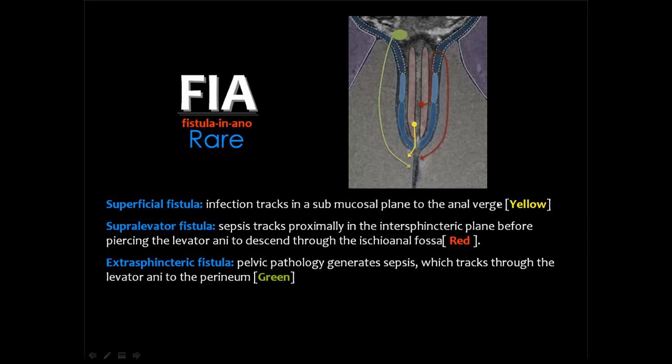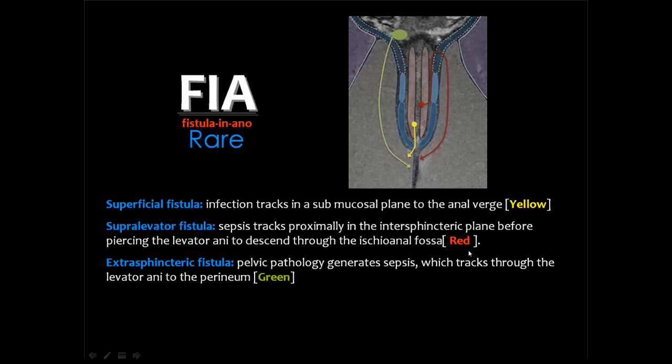Then the supralevator or the suprasphincteric fistula is a fistula going through the intersphincteric space until above the puborectalis or the levator ani, and it goes down through the ischioanal fossa to the outside.